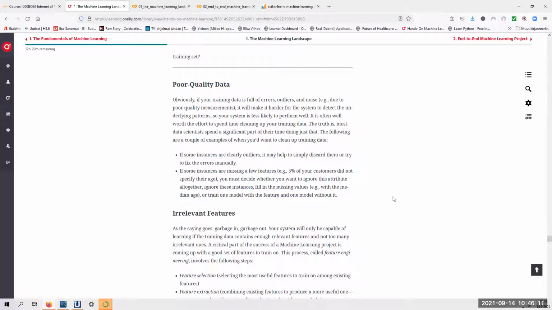Poor quality data. If you have some automated measuring system, for example, then it's always possible that it measures wrong values. It may have been calibrated wrongly, or it can malfunction otherwise. And, yes, we hopefully come to that later in this lecture.